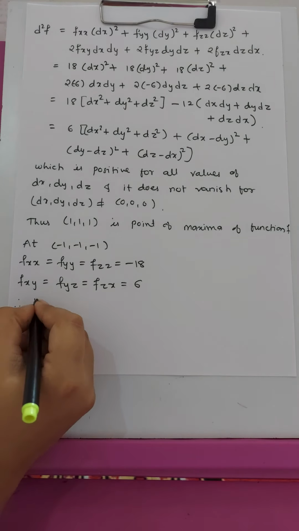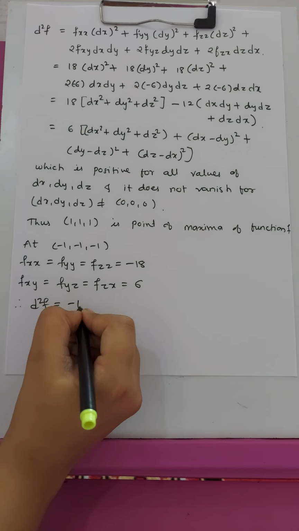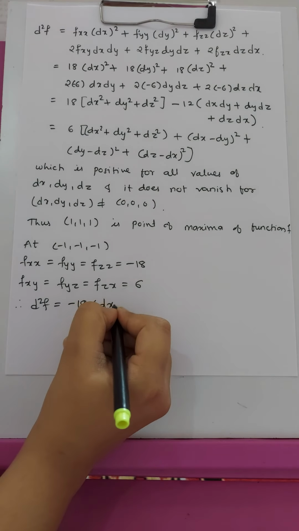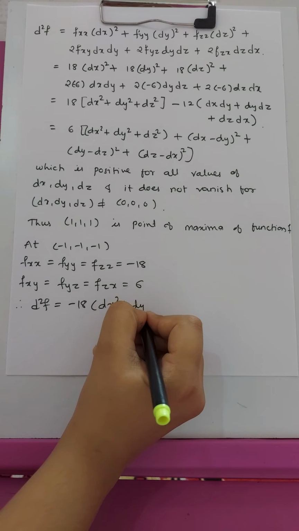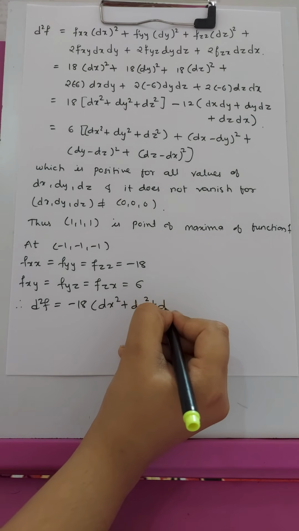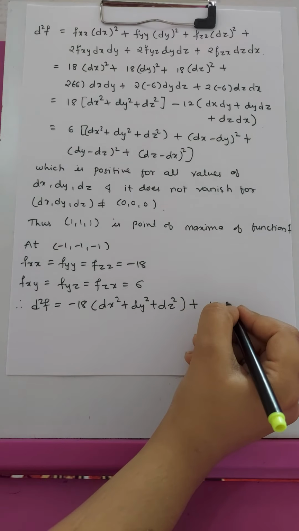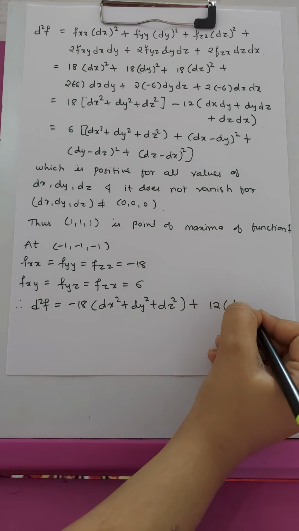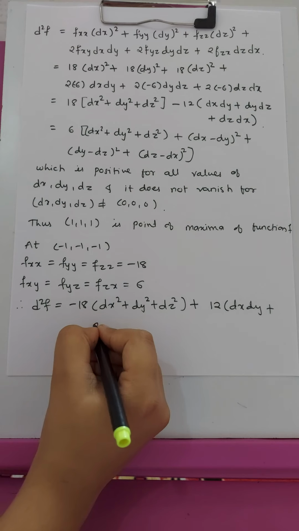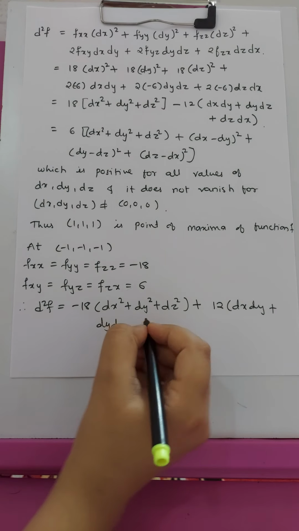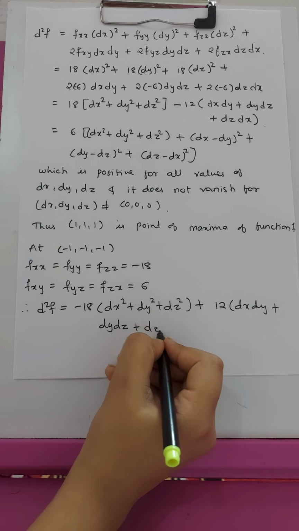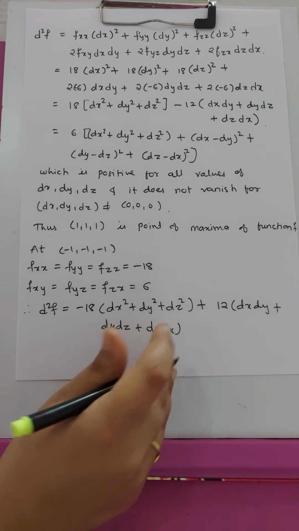So therefore d2f becomes −18(dx squared plus dy squared plus dz squared) plus 12 times (dx dy plus dy dz plus dz dx).